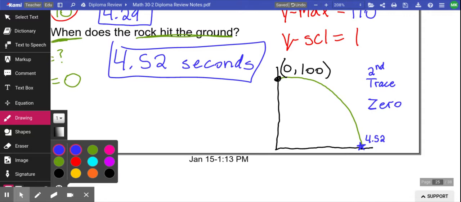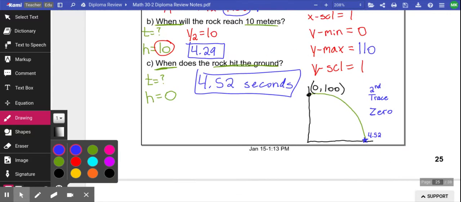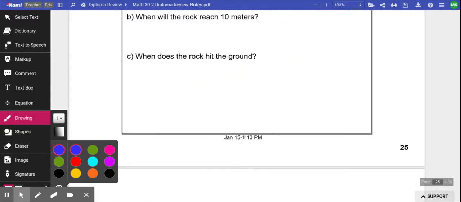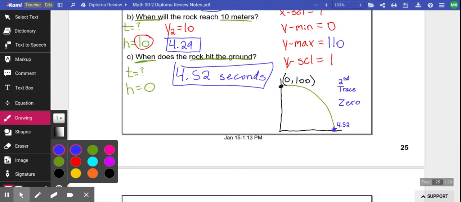Like, nobody's doing that. You should have a realistic answer. And I think 4.5 seconds of a rock being in the air is kind of a realistic answer. The reason I say that is sometimes it's good, especially on numeric response questions, to just ask yourself, does my answer make sense? Right? Or is that a completely unrealistic thing to happen?